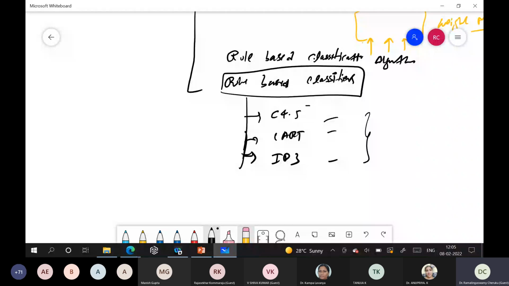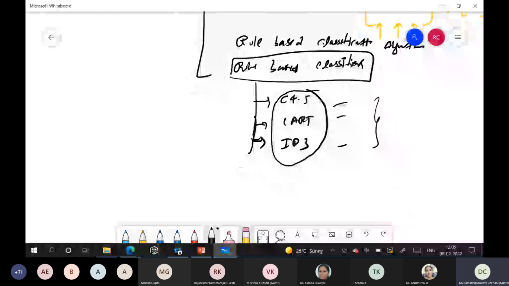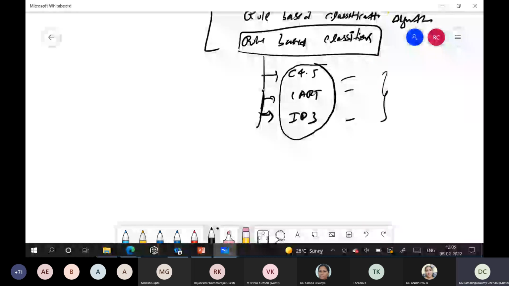Right. Now let's get some idea how these algorithms are generating the rules. Once the rules are generated, how can we generate the same set of rules with the help of bio-inspired algorithms?